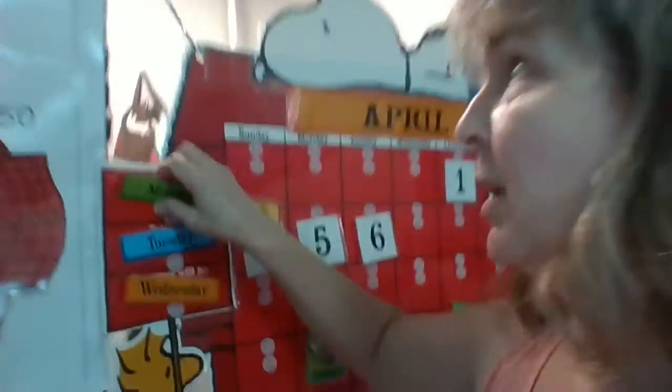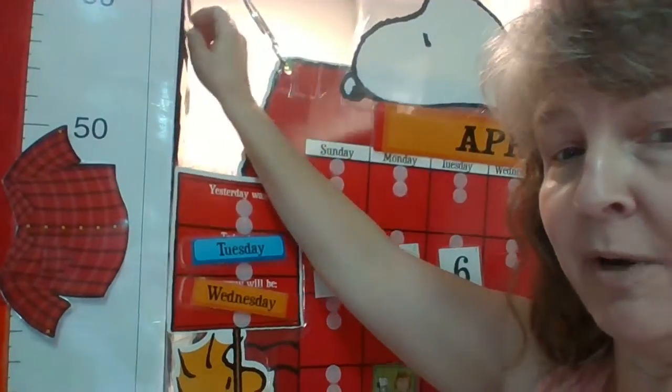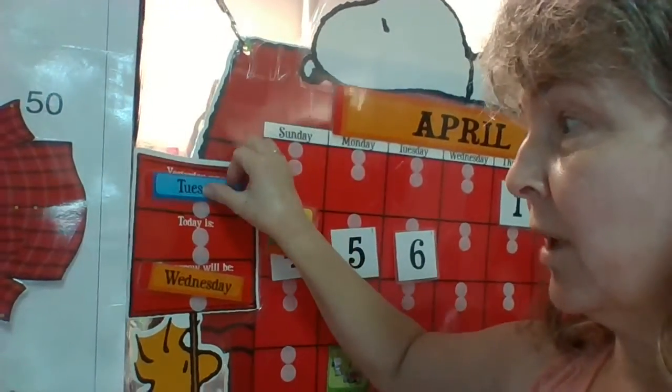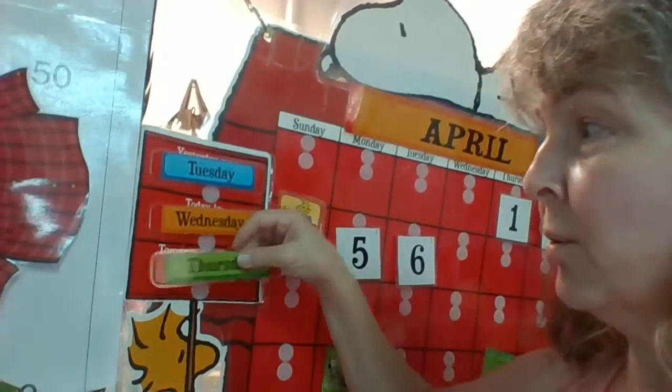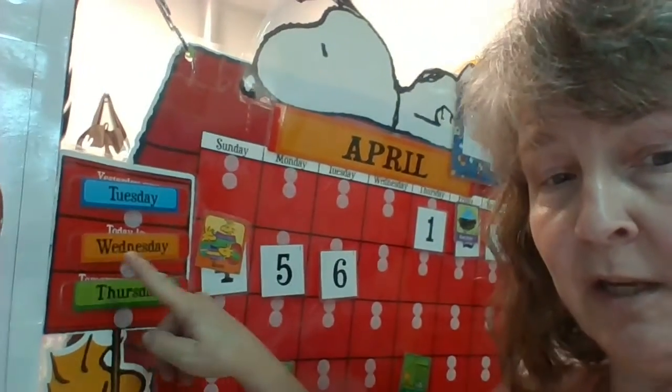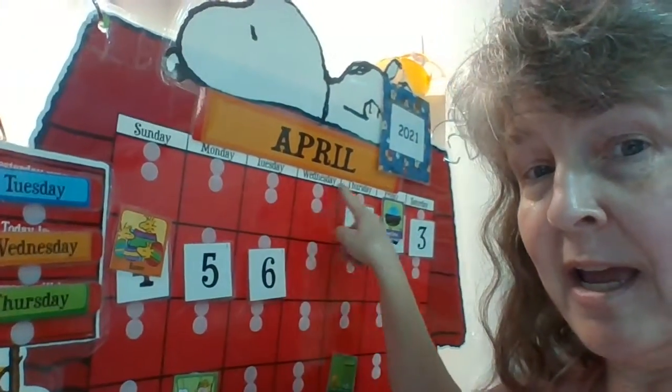All right, guys. So we said today is Wednesday, April 7th. So let's come on over here. We're going to put Monday away. Yesterday was Tuesday. Today is Wednesday. And tomorrow will be Thursday. Today is Wednesday, April.